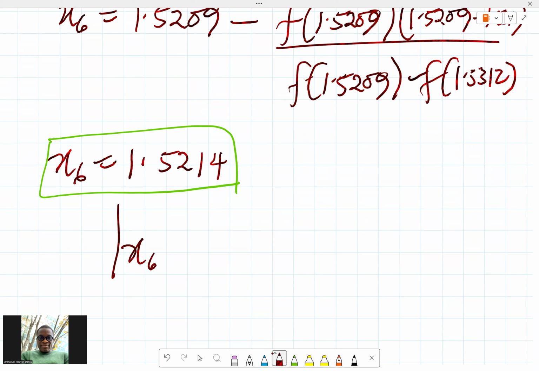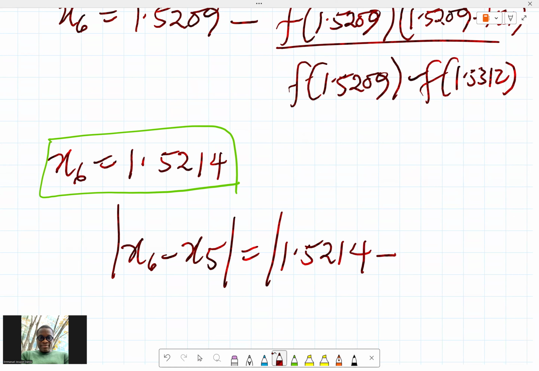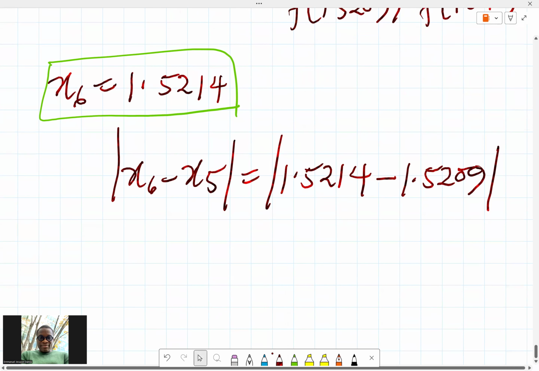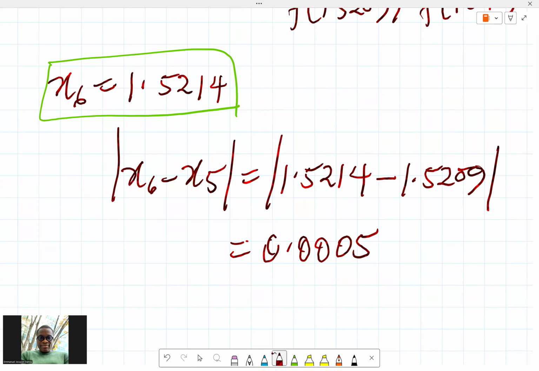Absolute value of x6 minus x5, which is the absolute value of 1.5214 minus 1.5209. If you check this, it's something close to 0.0005. Now, if you punch your own calculator, it may be a bit different, but it won't be far at all. So this is now less than 0.01.